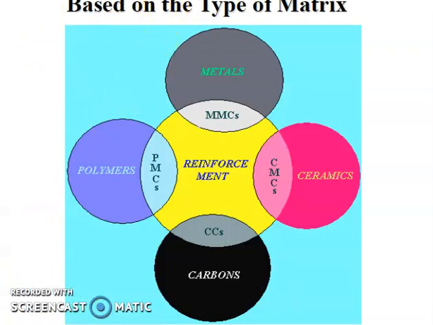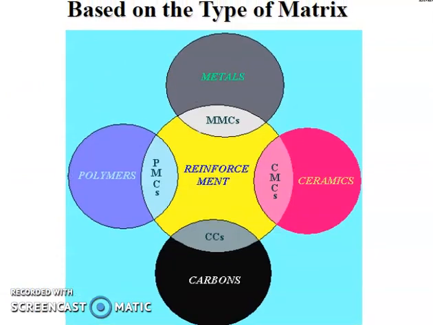Now this figure or graph shows you the classification based on the matrix material. The reinforcement is placed at the center, and there are metals, ceramics, carbon and polymers. These are the four basic matrix materials, and when they are combined with the reinforcement material, a new class of composite material is formed.